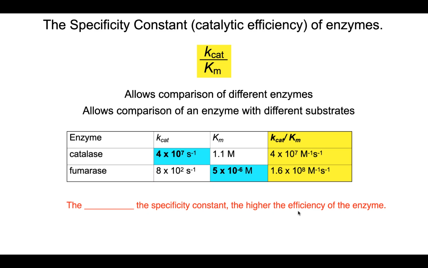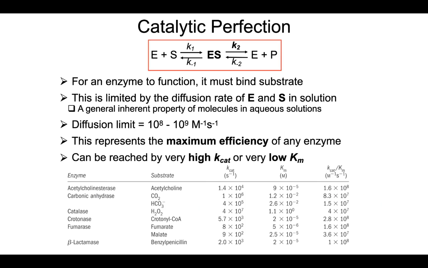Now, there is a limit to just how efficient an enzyme can be, and that idea is called catalytic perfection. In order for an enzyme to catalyze a reaction, it must bind to the substrate. And enzymes and substrates are dissolved in an aqueous solution, and things bouncing around within an aqueous solution is limited by the diffusion rate of the enzyme and the substrate in that aqueous solution.